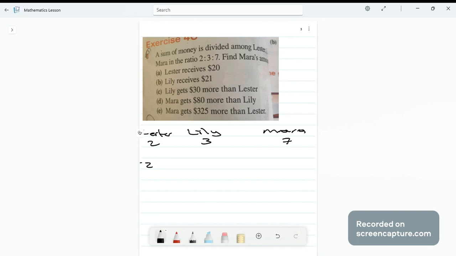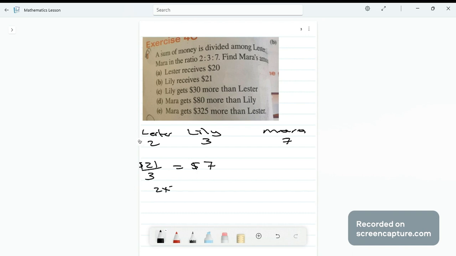We're going to divide it by the share amount that Lily got, which is 3, to find the unit share. 3 into 21 goes 7. We're dealing with money, so it's $7. Though it asks us to find Mara's amount, we can find it for each other person just to check as well.